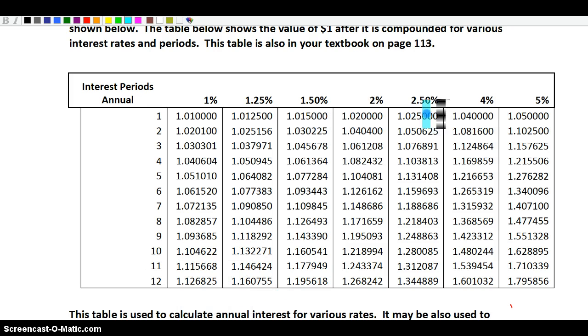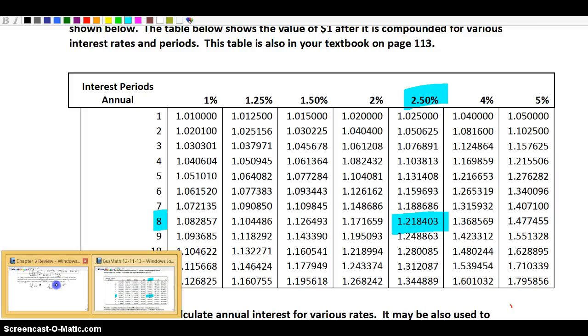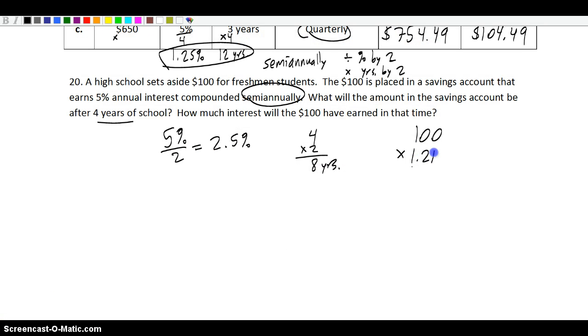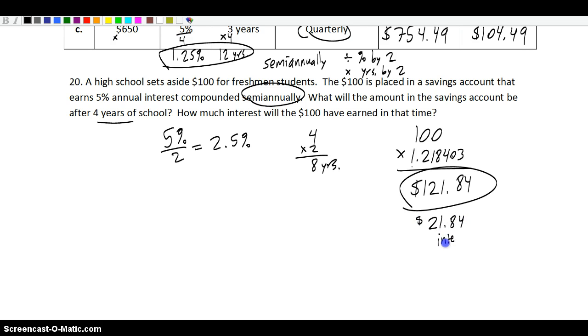Here's 2.5%, here's 8 years. So that's 1.218403. You multiply that out, you end up with $121.84. This is how much it will have made. Well, $21.84 in interest. Okay, that's it.